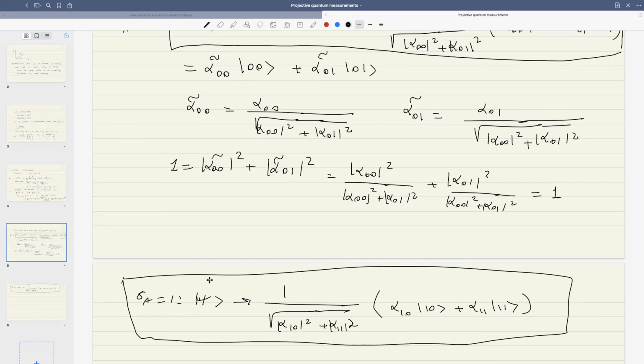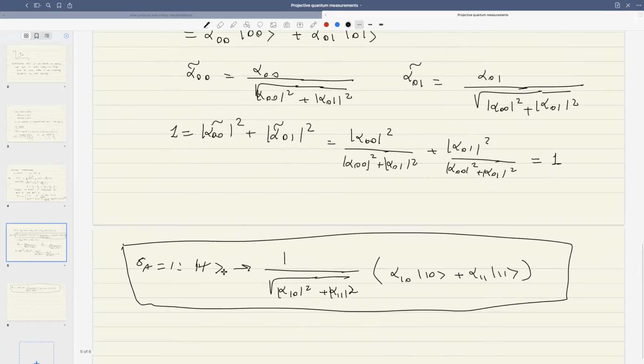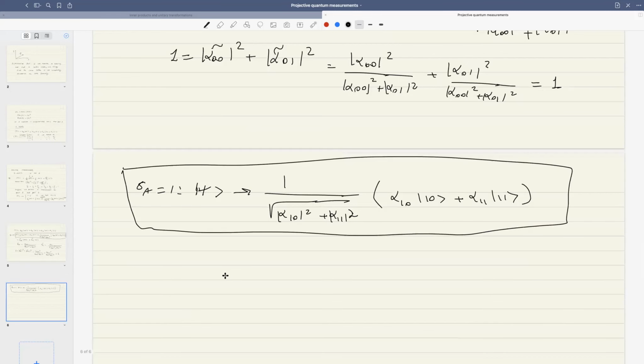And this story essentially continues. So you can have systems of more qubits and play the same game. So suppose, let's do another example here.